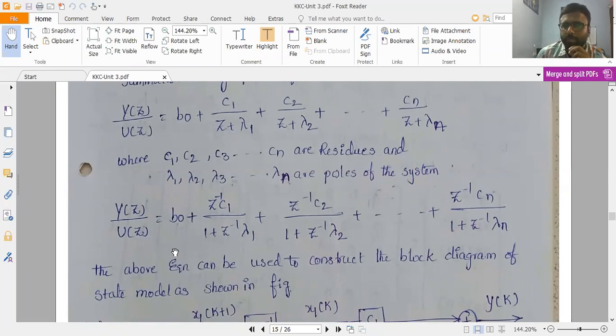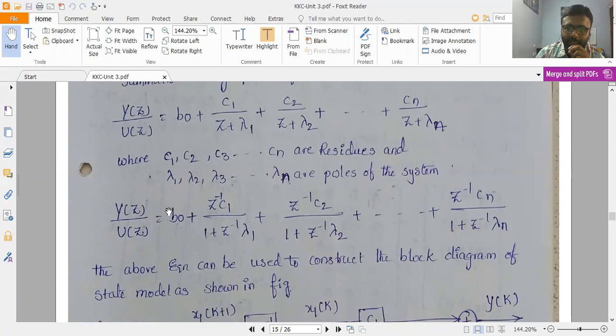In the diagram itself we can observe the poles start from lambda1, lambda2, lambda3 and so on up to lambda n. That means z^-1 terms, n of them, are going to be present there.